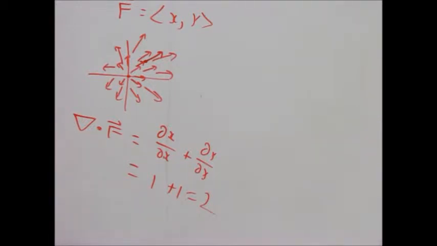And a sink is where things get sucked in. That would be negative divergence. There is no convergence. That's using the del operator to find the divergence by taking the dot product with a vector field.